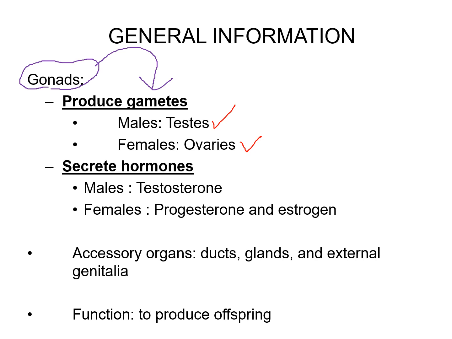So both of these are responsible for making the gametes. In other words, the male testes make sperm, and the sperm is the gamete of the male.